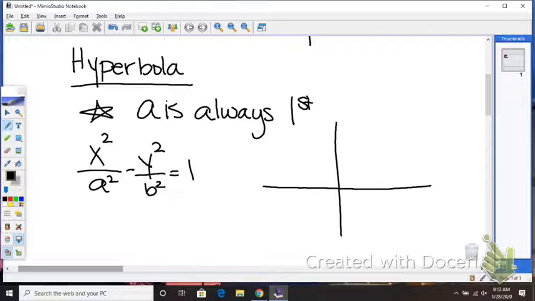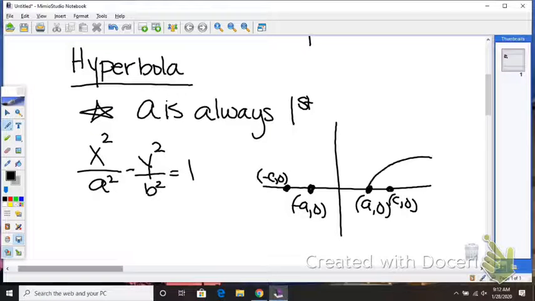I'm going to have this point and this point: a comma 0, negative a comma 0. Then we do have this point here and this point here. These are our foci. So this would be negative c comma 0 and c comma 0.